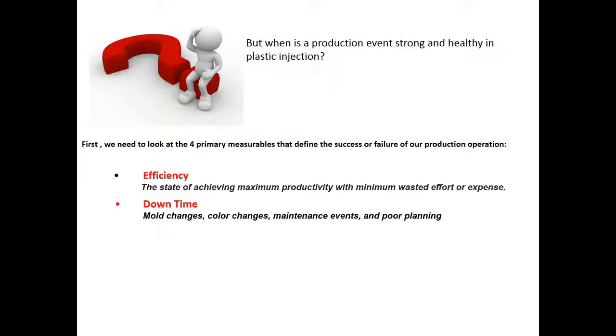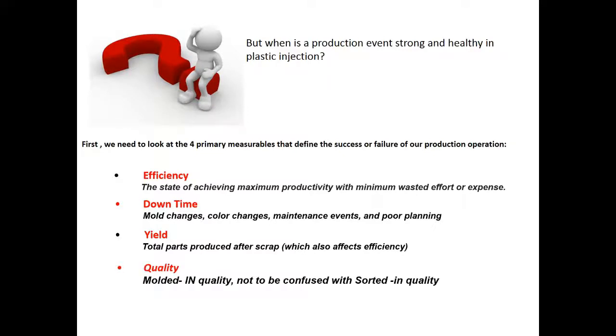We also have downtime, which is mold changes, color changes, maintenance events planned or unplanned, and also poor planning and scheduling. In addition, we have yield, and that's going to be the total parts produced after scrap, which also affects efficiency. And then, of course, we have quality. And here we're going to be talking about molded in quality because we don't want to confuse that with sorted in quality.